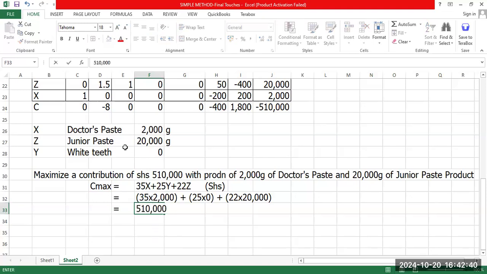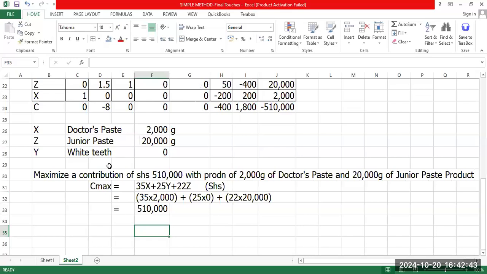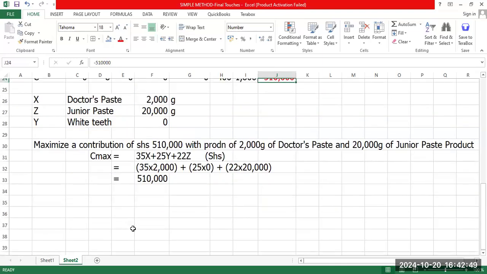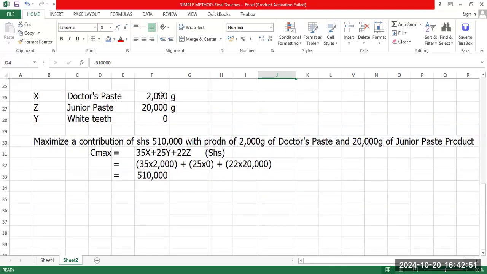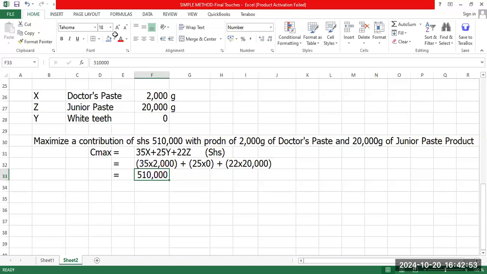Which is the same as this. So you see that. So it means that the company should hold on to produce white teeth because of the current challenges of scarce resources.